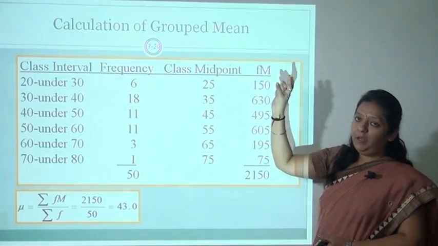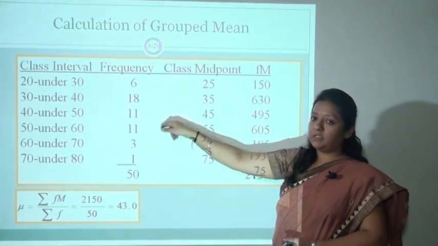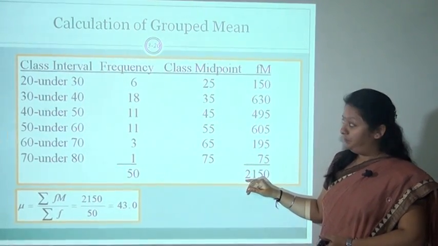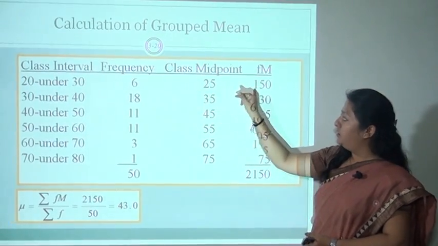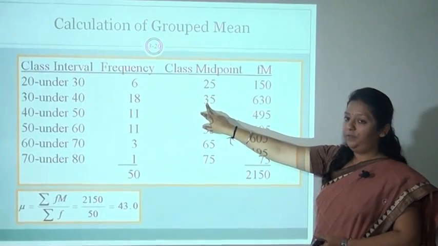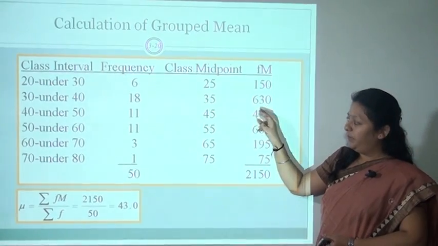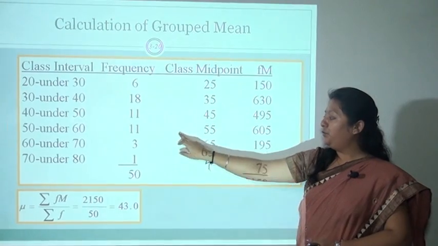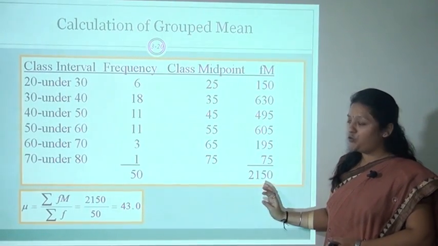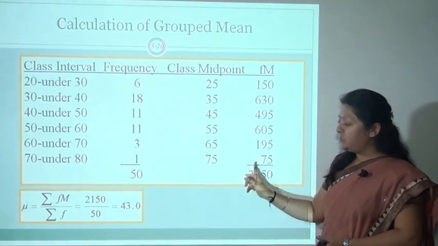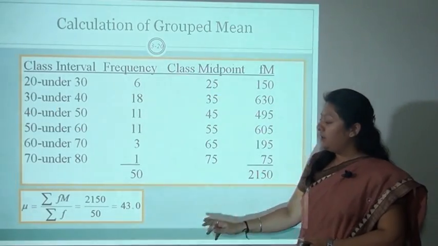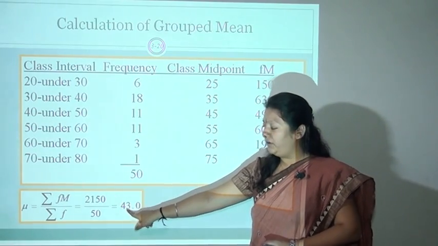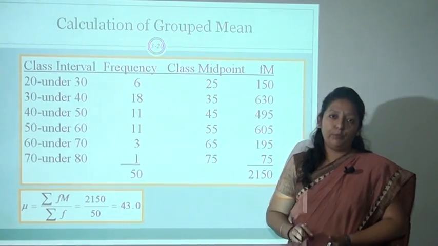Now we simply multiply the frequency and class midpoint to get sigma f m: 25 into 6 is 150, 18 into 35 is 630, 11 into 45 is 495, 11 into 55 is 605 and so on. This is our sigma fm and this is our sigma f. Simply dividing both values, we get the value of mu for the group data.